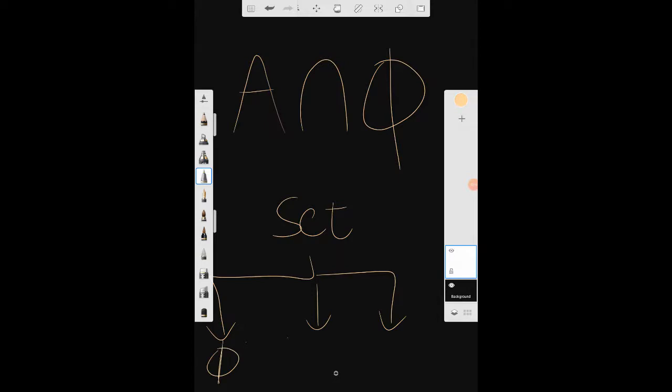Right? Now, why does it contain the empty set as a subset? Because if I do A union phi, it still becomes A. That means this part, even after I join it to A, it still becomes A. That means this part is always there with A. Okay, let it be. I don't want to confuse it.